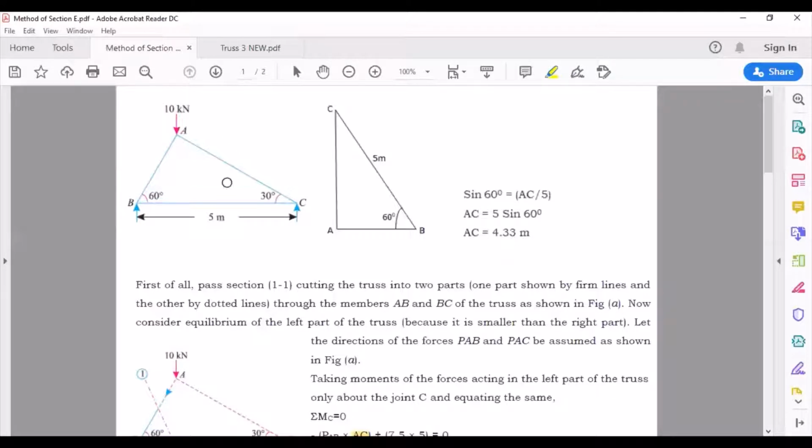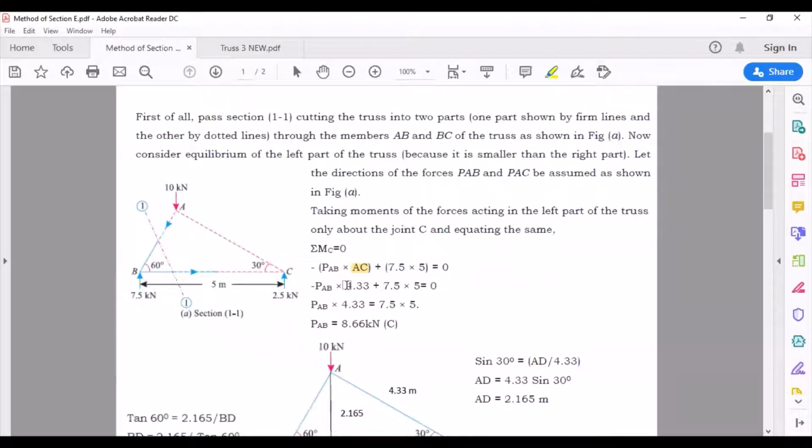So this triangle which I have drawn in black is nothing but a change in the orientation of this diagram to get this triangle in order to calculate AC. So AC is 4.33 meters. That is what is being substituted here: minus PAB into 4.33 plus 7.5 into 5.